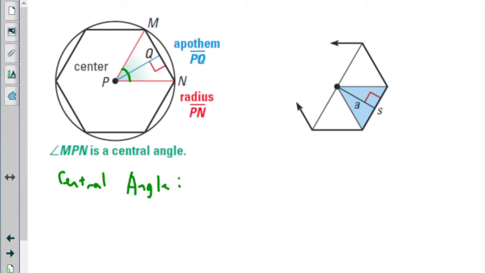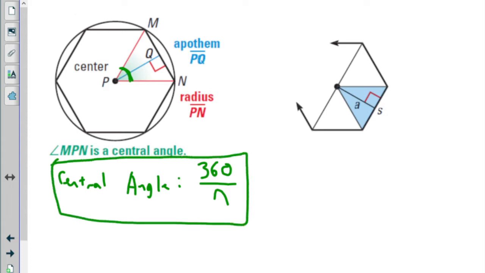We take 360, all the way around the circle, and divide it by our number of sides to get just the angle here in the center of that triangle. Each triangle is going to have this angle of 360 divided by the number of sides. So make sure you get this written down along with the rest of those pieces you just wrote down.